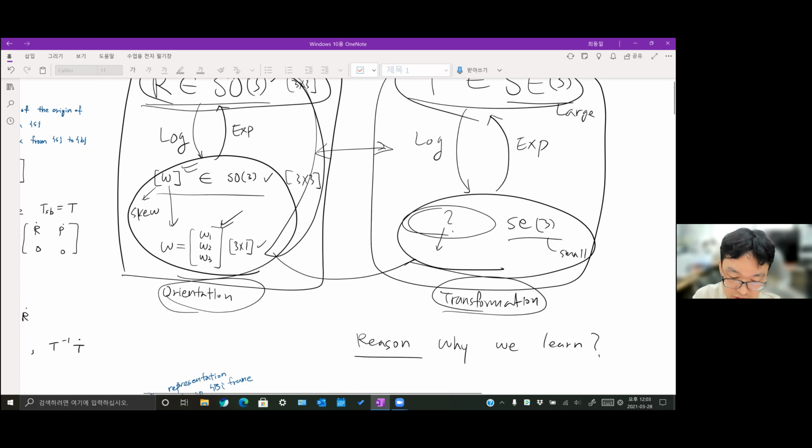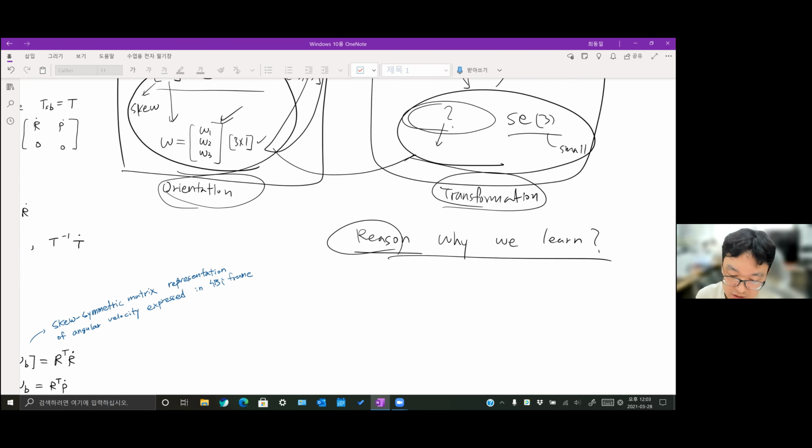So the reason we learn about this is we want to describe position and orientation together. That is our goal.